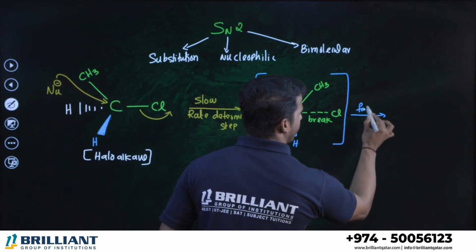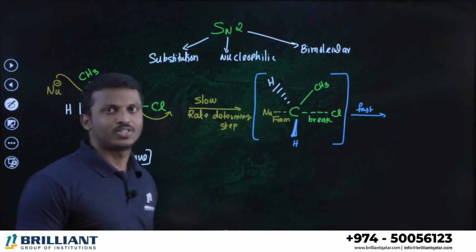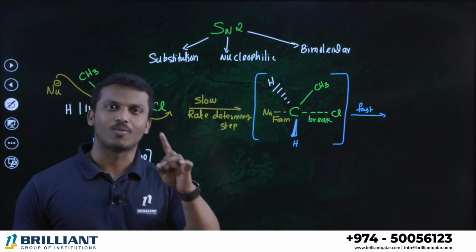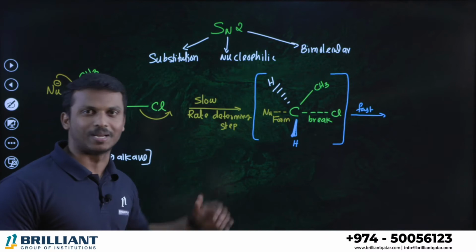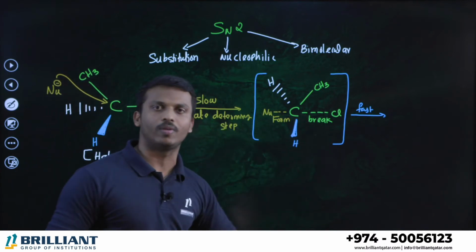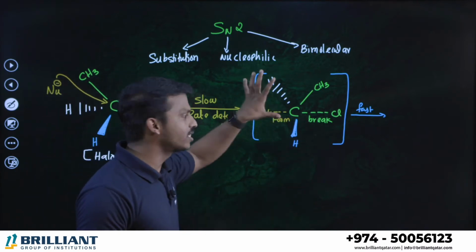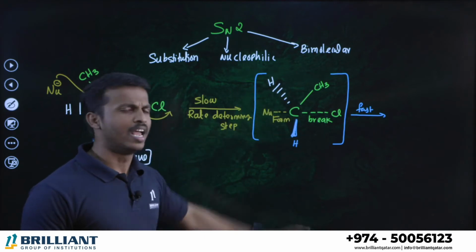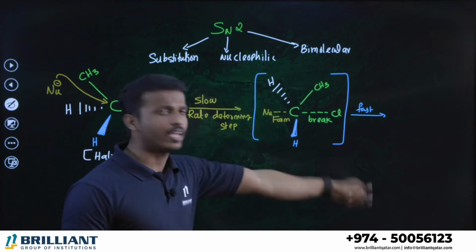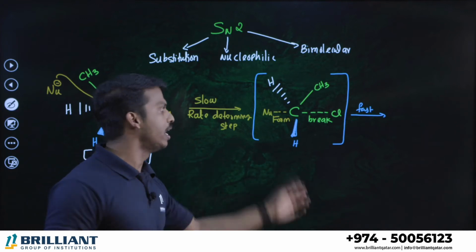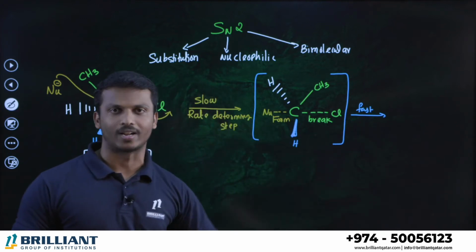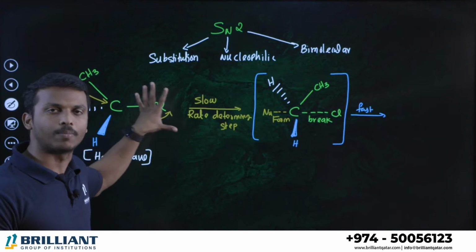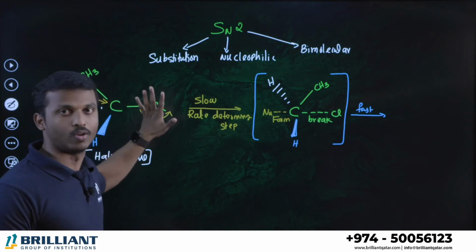So you may think: you said SN2 has only one step, then why are you drawing two steps? Dear all, the second step we are not actually considering, because I told you this is an imaginary transition state or intermediate state. It's very unstable. Within a fraction of a second, it is converted to the product. So we consider only the major step, step number one, only one step.